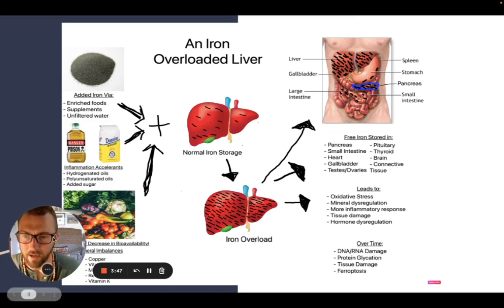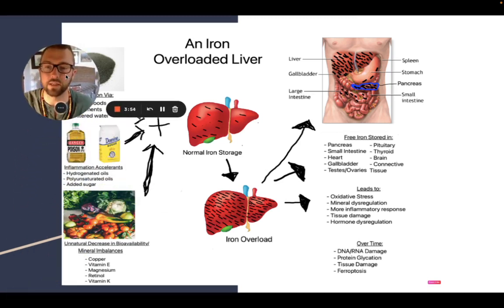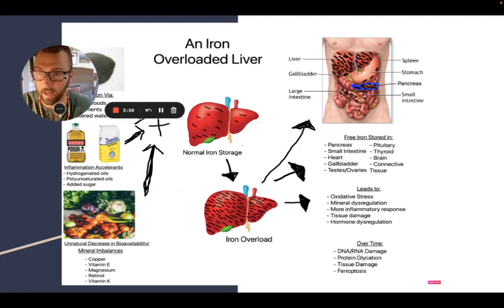And then an unnatural decrease in bioavailability of minerals and mineral imbalances. This is all played out in the processing of our food, the unnatural fertilization of our food.